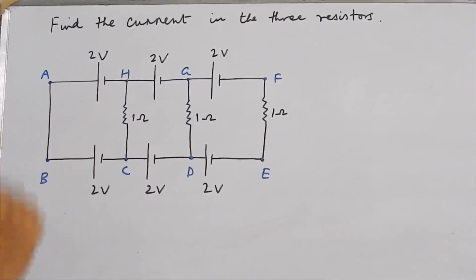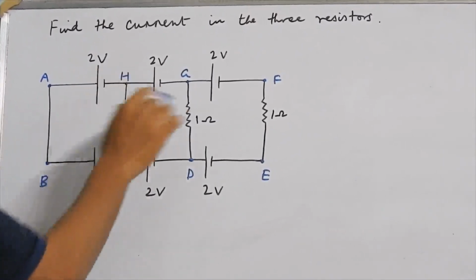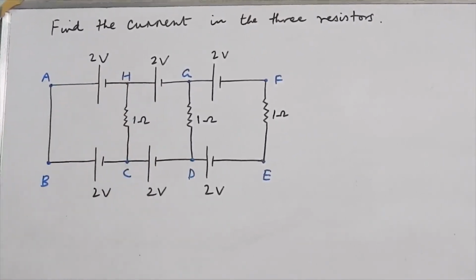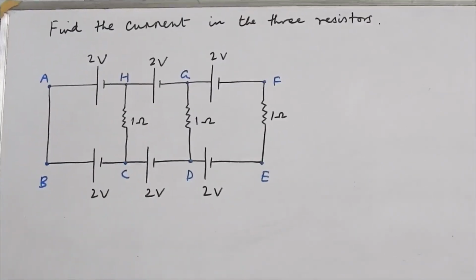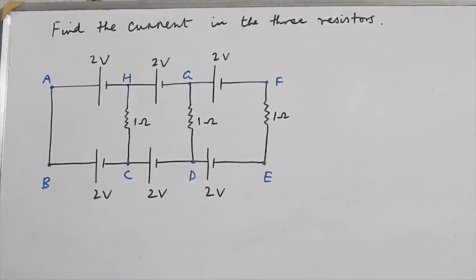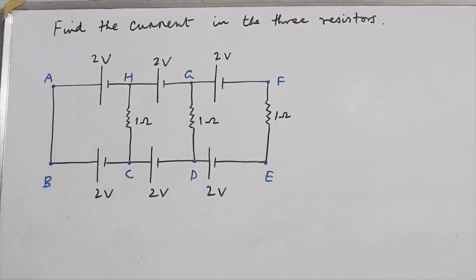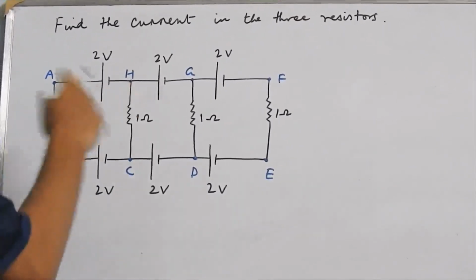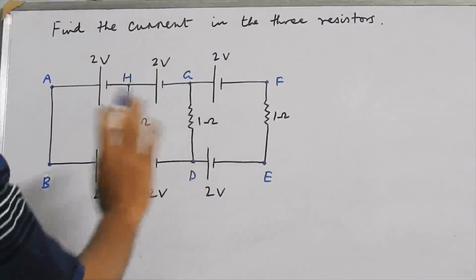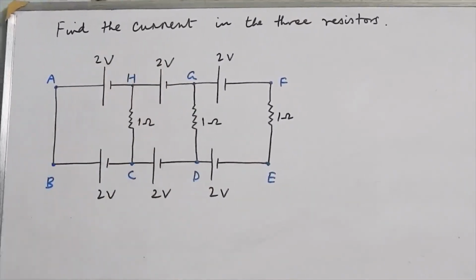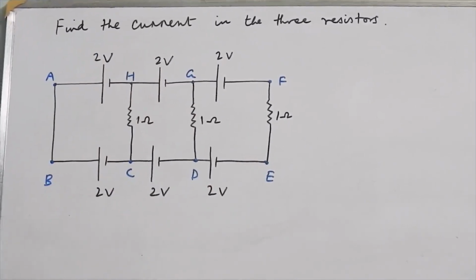So at any point or any junction where there are maximum interconnections, that point can be chosen as the zero voltage or zero potential junction. And then we will apply the concept of potential distribution to analyze the current. So suppose out of H, G, C and D, at any point we can choose as the zero voltage point.